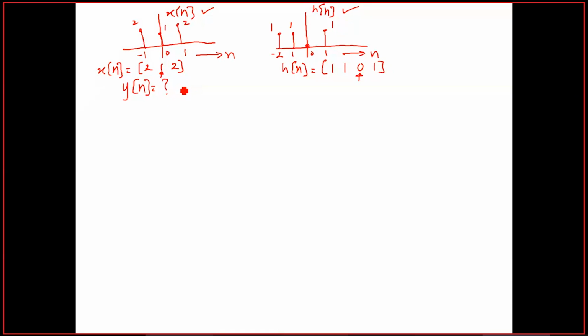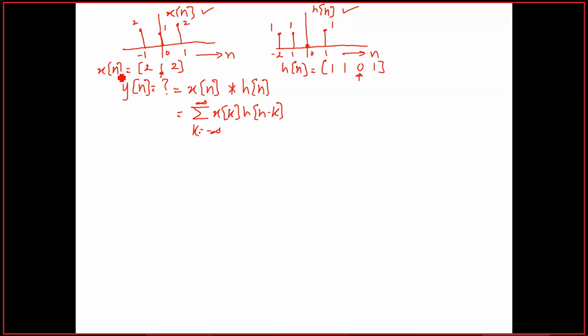So if you have to find y of n, that y of n would be actually equal to x of n convolved with h of n, right? And convolution actually means the convolution sum. This is the sum from k equal to -infinity to infinity of x of k h of n minus k, right? Now for this x of k, as I mentioned, we can use it to specify our limits.